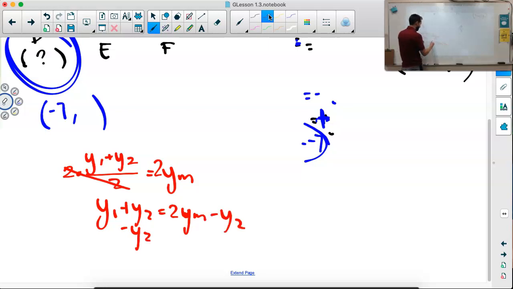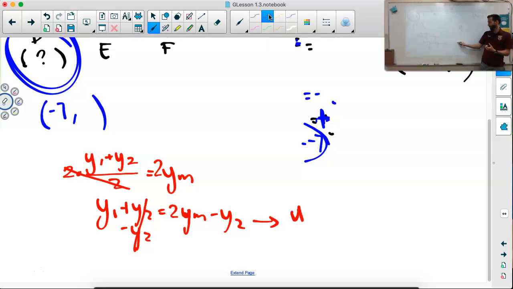It doesn't really matter. And so you end up with this new formula. You don't have to do this, but you can. If I'm looking for an endpoint, all you have to do is take 2 times the midpoint and then subtract the endpoint.